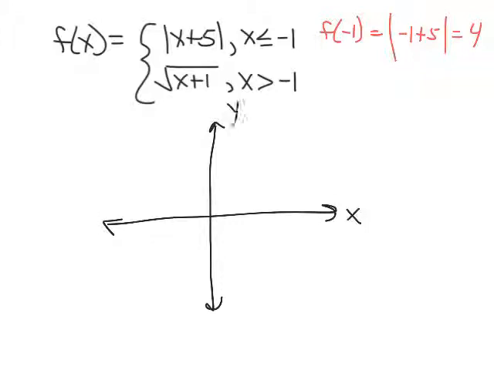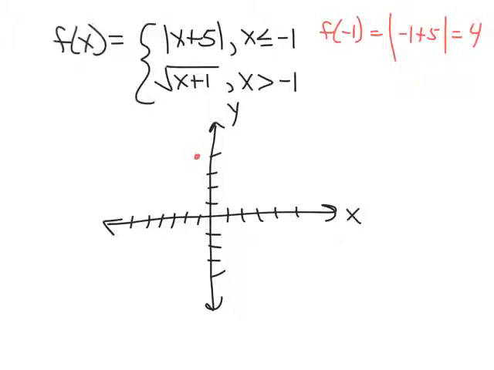X and Y. And I need to put some tick marks on here because I need to go to negative 1 and negative 5. And I'll put some on the other side. Alright. So I know this is a point on the graph, negative 1, 4. And it's a point on the graph because it's less than or equal to. This symbol tells me I can actually graph that point. So negative 1, 4 is right here. There's a point on the graph.